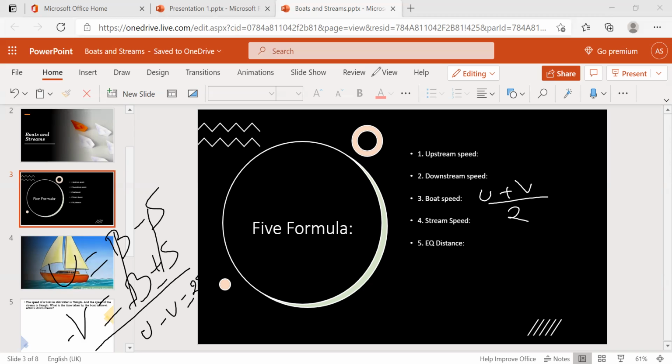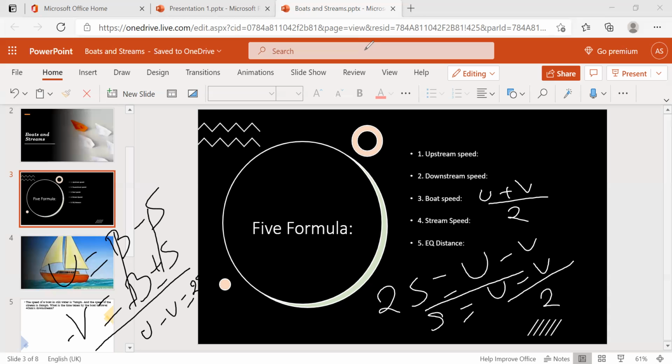Speed is not negative, so we are not going to consider the minus. So 2s equals u minus v. So s will be u minus v by 2. So this is the formula for the stream speed.